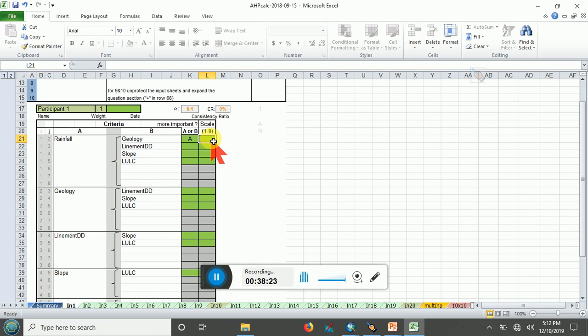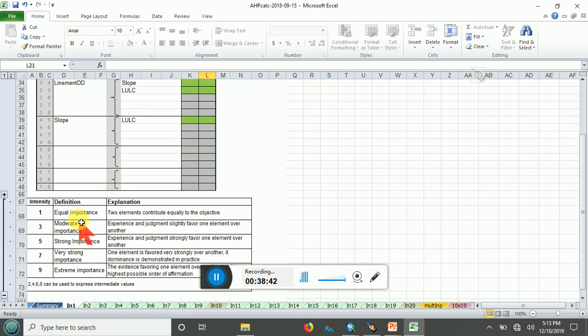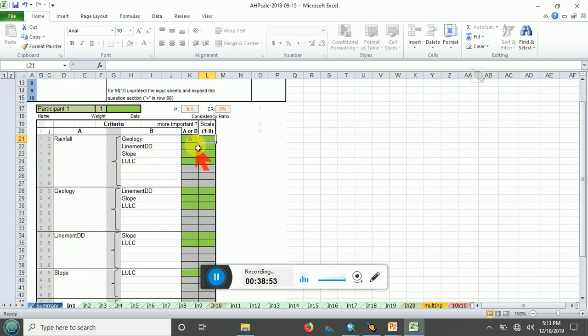But rainfall is more important, because if there is no rainfall water, there is no recharge to the system, so the groundwater will decline. So rainfall is more important than geology, but how important, you have to give a scale. Is it equally, or strongly important, very strongly, or extremely important? In that case, let us select strongly important, 5. That means rainfall is strongly more important than geology.